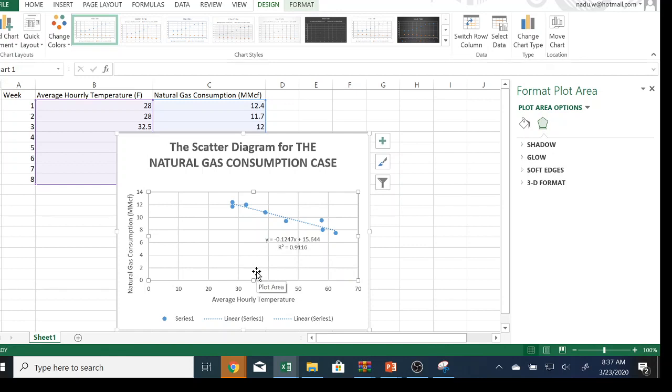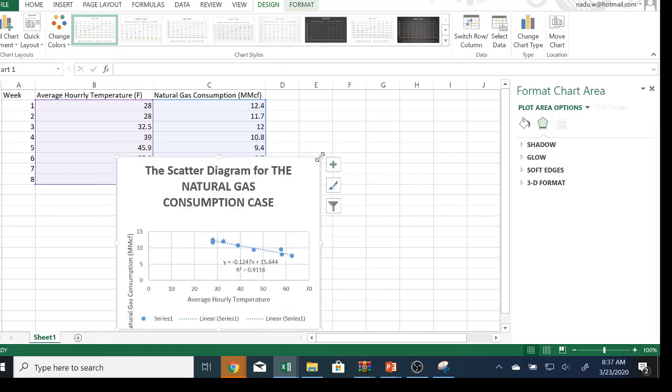So we say 91.16% of the variation in natural gas consumption is explained by the x variable, average hourly temperature. Is it clear?